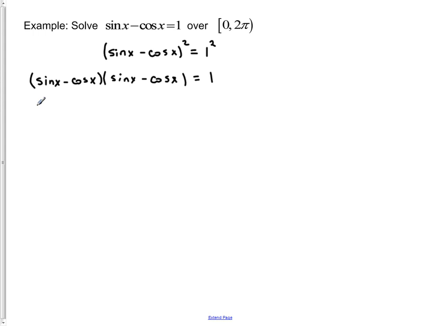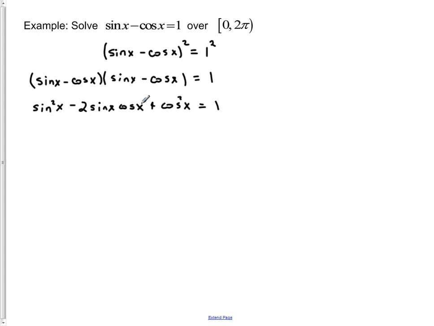And the multiple terms will go like this. We're going to get the square of the sine of x. We'll be subtracting 2 times the product of sine of x times cosine of x. And then we'll have added to that the cosine squared of x.